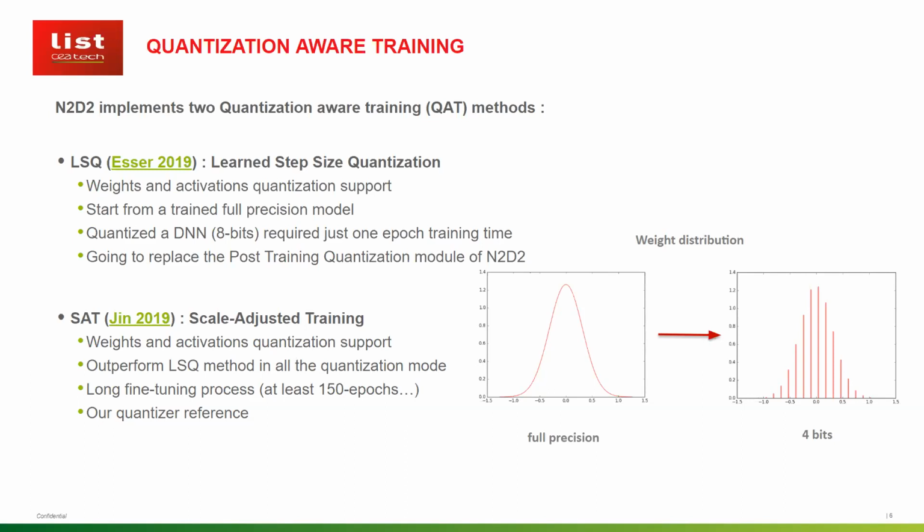So on the left one, you can see the distribution of the weights of one of the layers in the network. And we can see that here, for example, it could be a nice, smooth Gaussian distribution.